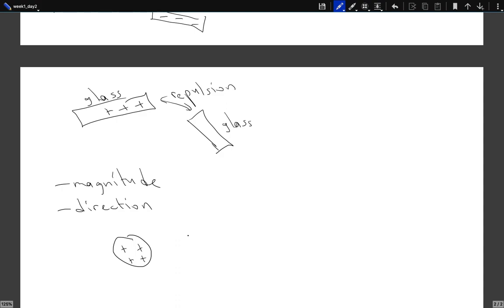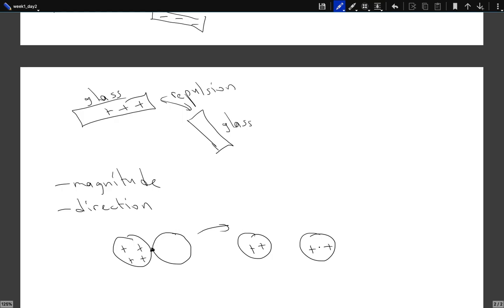And then if you bring another one next to it, a neutral one, and make them touch, if you connect them and then separate them, you will see that both are now charged.